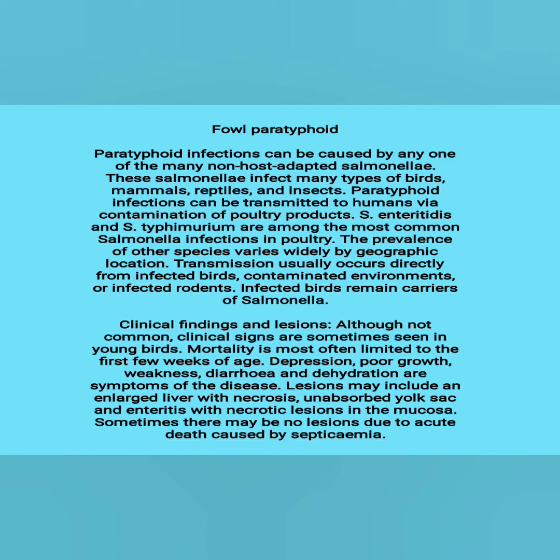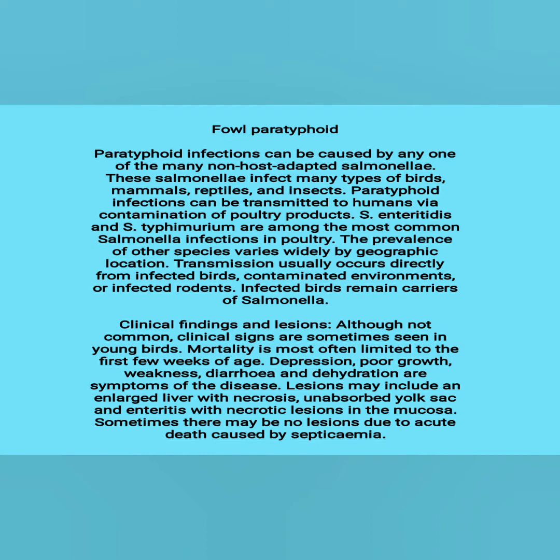These salmonella infect many types of birds, mammals, reptiles, and insects. Paratyphoid infections can be transmitted to humans via contamination of poultry products. S. Enteritidis and S. Typhimurium are among the most common salmonella infections in poultry. The prevalence of other species varies widely by geographic location.